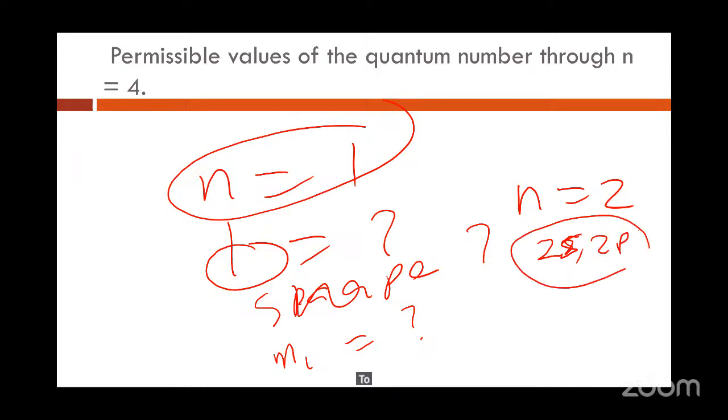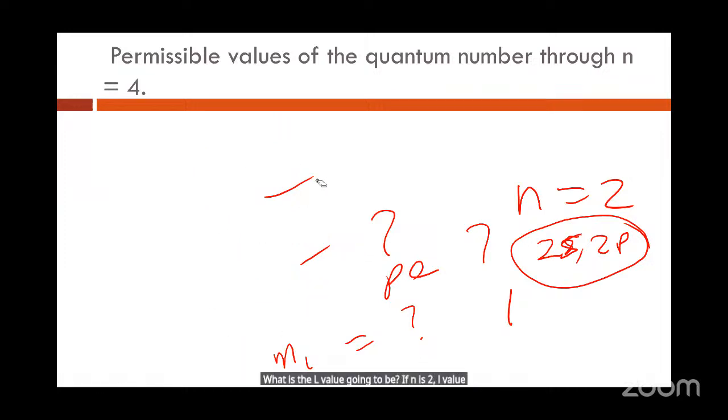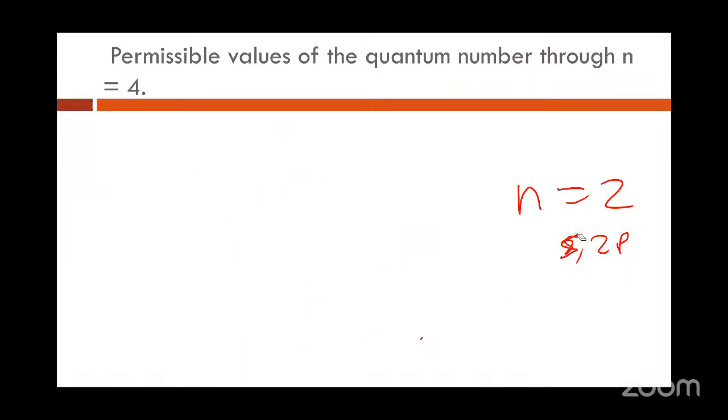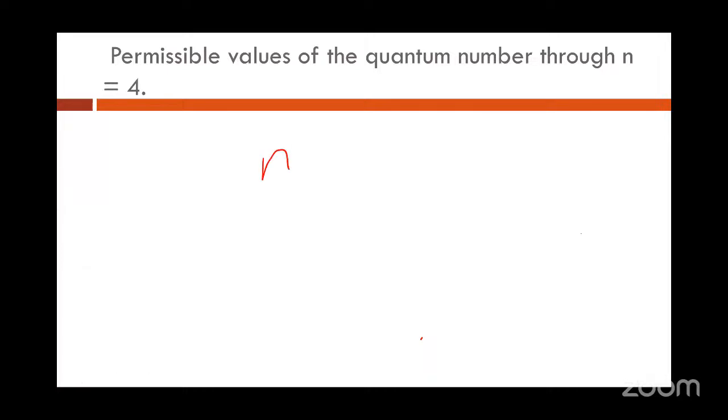There's nothing again after that. And so you can now check, what is the L value going to be if n is 2? L is going to be 0, 1.